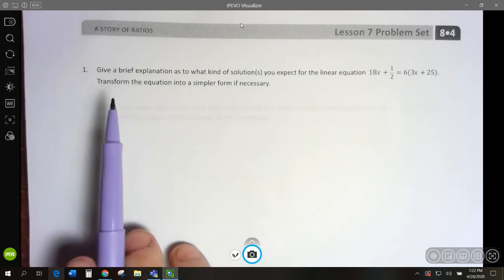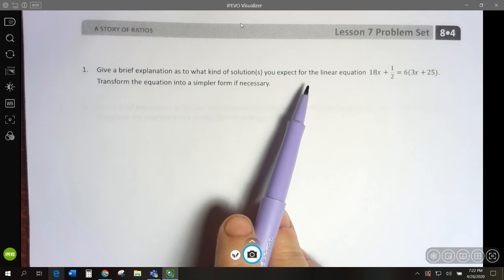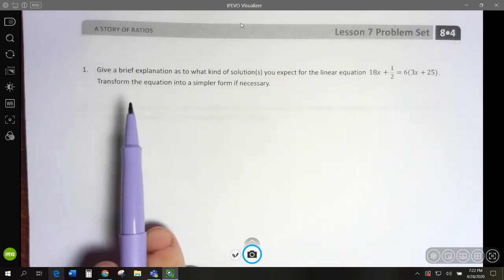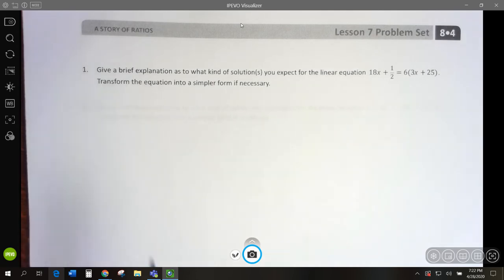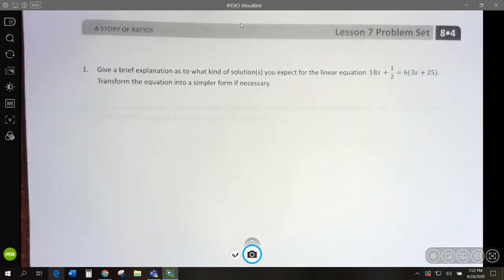Number 1 says, give a brief explanation of what kind of solution you expect for the linear equation. They said to transform or simplify the equation into a simpler form, and we don't have to totally solve it. We can get to a point just to determine if it's going to have one solution, no solutions, or infinite solutions.